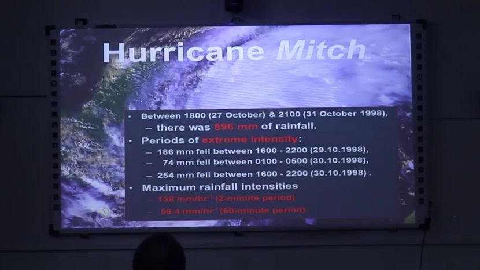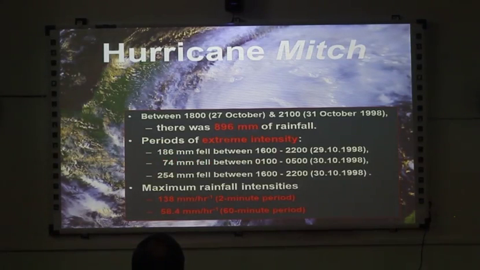Then the excitement. We had Hurricane Mitch hit us in October of 1998. Gosh, that's 20 years ago now, isn't it? 896 millimetres of rainfall. That's a heck of a lot. It's really extreme intensity. I don't know if you match anything like that here.